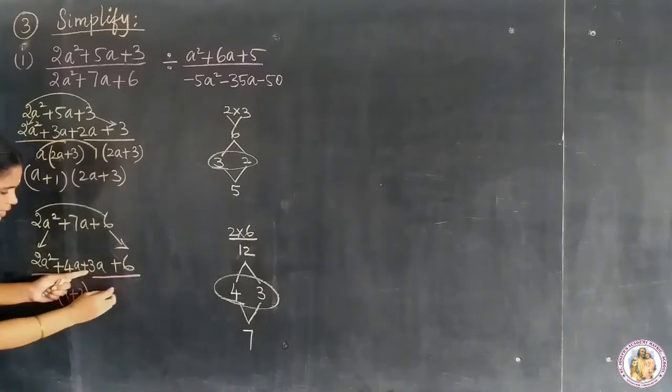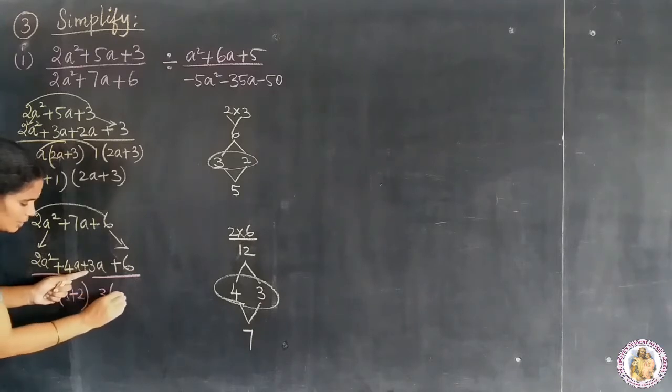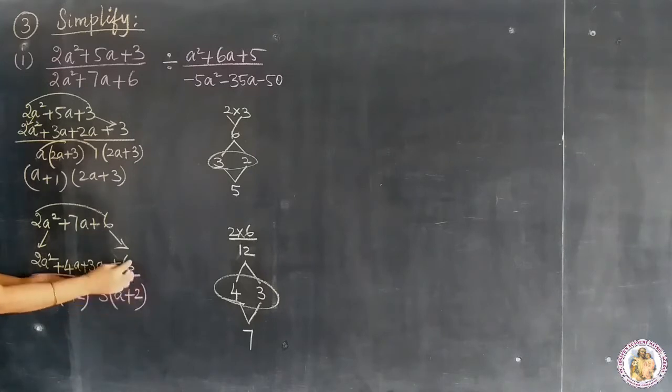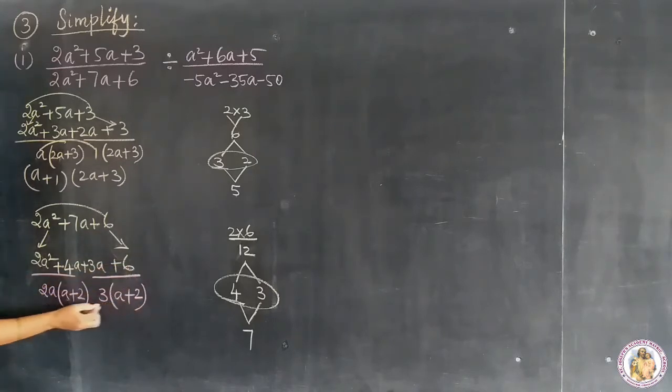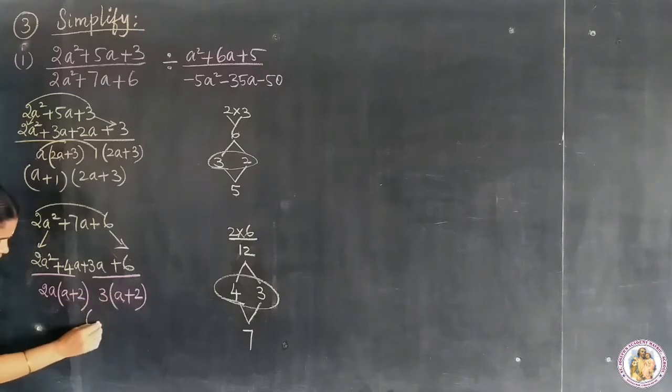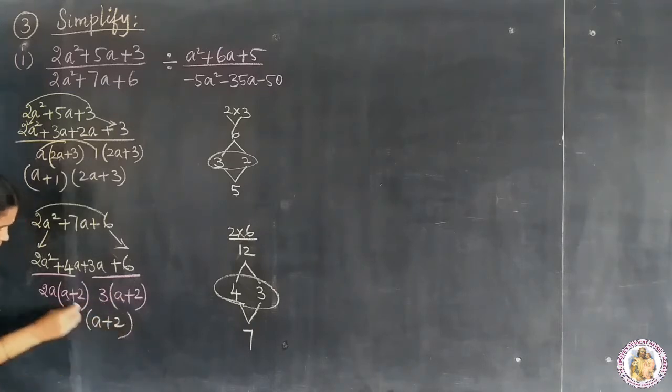And here we have 3 as common. 3 into a plus 3 2s are 6, 3 into a, 3a, 3 2s are 6. Now you can see a plus 2 and a plus 2 is common. So write a plus 2 as one factor and 2a plus 3 as another factor. Okay.